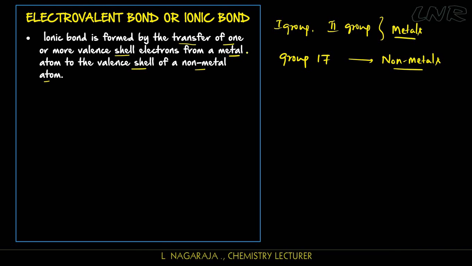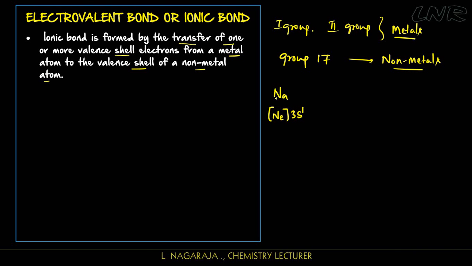Why do metals transfer electrons to non-metals? Because in order to attain the noble gas configuration. For example, let us take sodium. The sodium electronic configuration is neon 3s1.